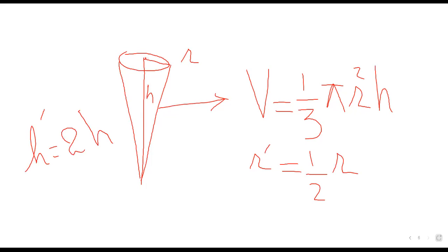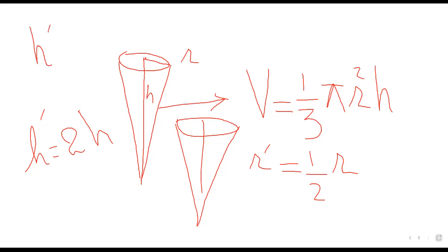So we have a new cone. We have to find the ratio of the new volume to the old volume, so we are looking for V prime over V. Please go for it.